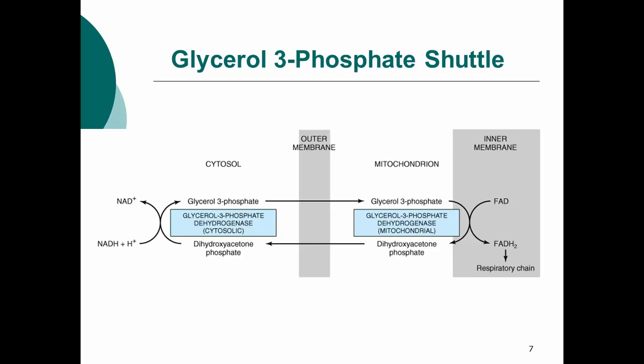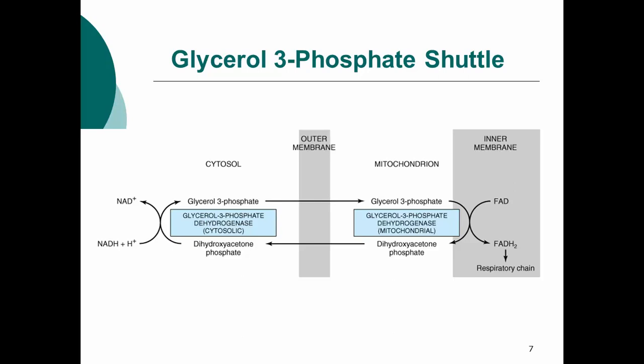And glycerol 3-phosphate can pass the electrons through the outer mitochondrial membrane to the FAD in the mitochondria, right?